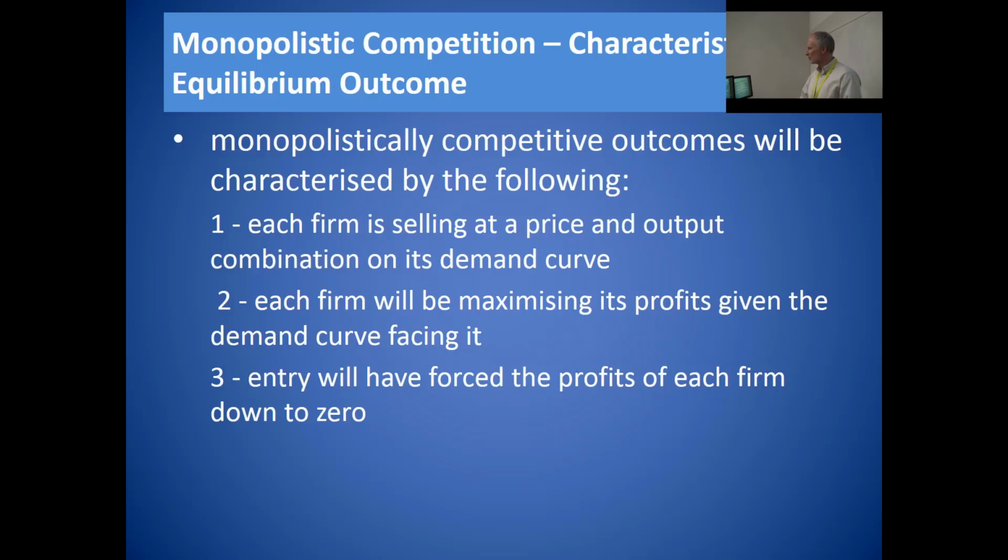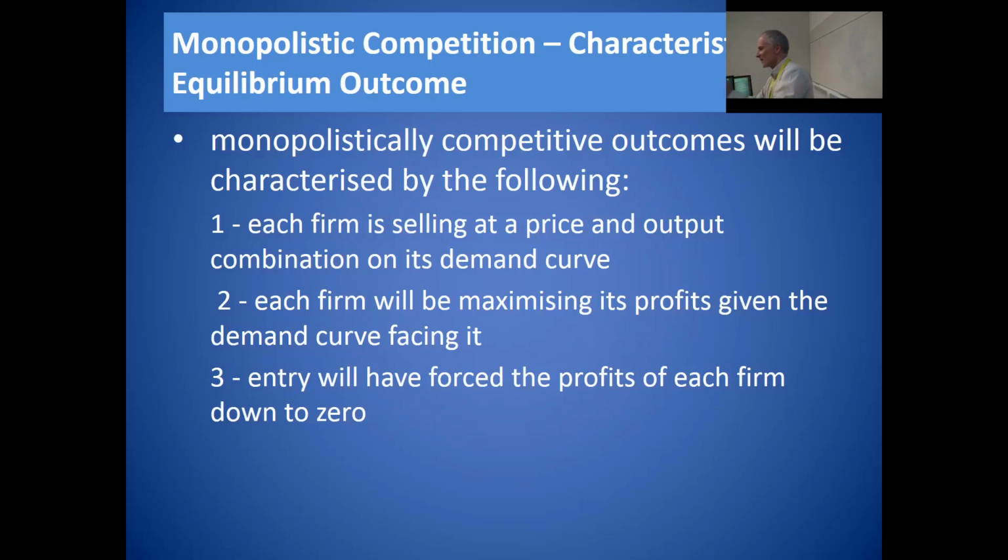So whilst you might think, okay, I can understand why we've got 1 and 2, maximising profits, price and quantity combination on the demand curve, no problem, these firms will make zero excess profits. And it's this last one where the subtlety of argument comes in.